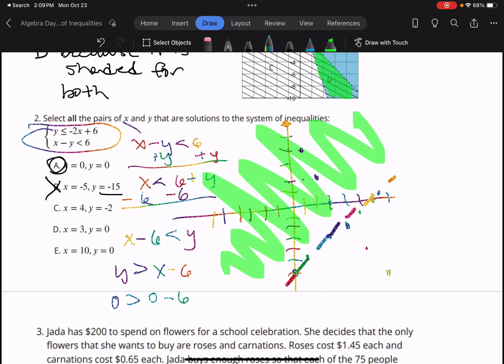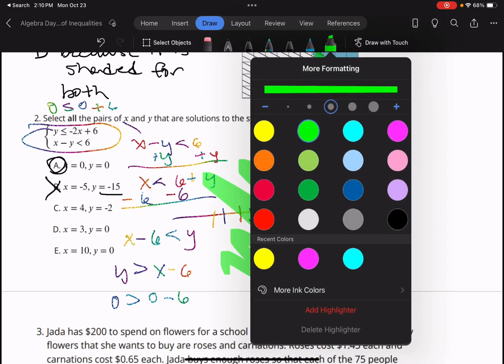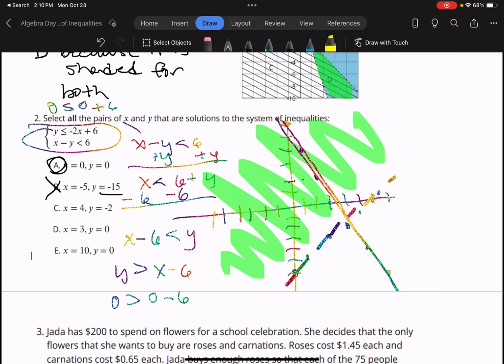So it's going to go down this way. And this is a less than or equal to, so it's going to be a solid line. All right, and it's less than or equal to, plug in 0 is less than or equal to 2 times 0 plus 6. That is true, so we know that the 0 point works. So I'm going to go ahead and on this side, I'm going to shade here.